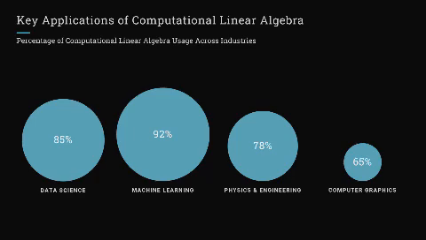Moving on to physics and engineering, which covers 78%. Physics and engineering is used in simulations, modeling, and analysis of physical systems. Next, we have computer graphics, which refers to 65% usage across industries.